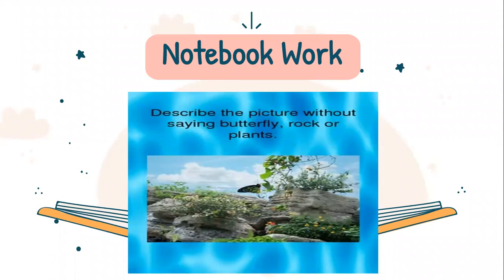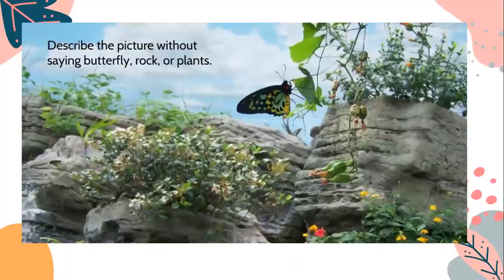Now it's your notebook work, and I'm going to tell you to write a paragraph of 5 to 7 lines. But I need to give you a challenge because you're all great at description, students. So, what you need to do is describe this entire image without saying the words butterfly, rock, or plants.